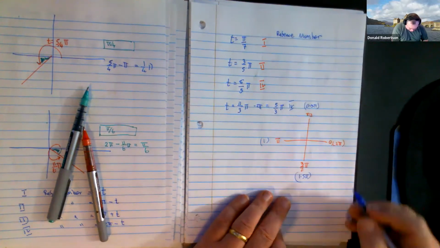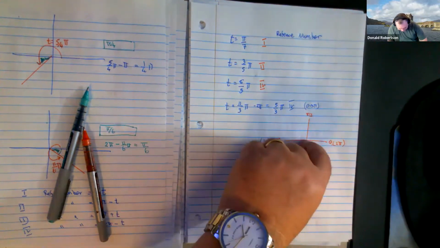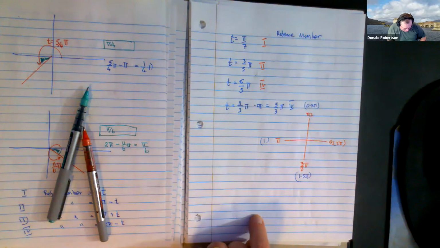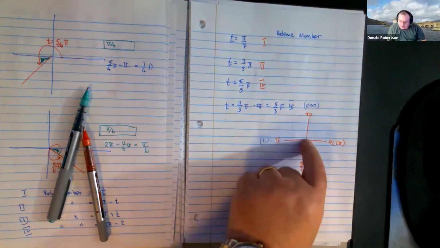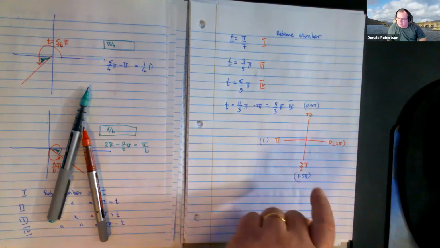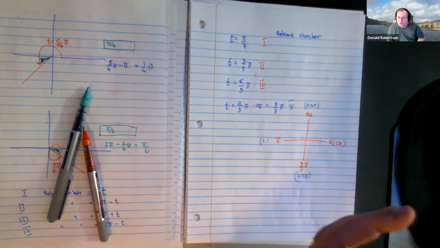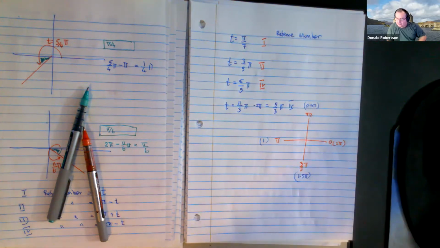And obviously 0 and 2. So if it's 1.7 pi, do you see it's here? If it's 0.8 pi, do you see it's here? If it's 1.2 pi, do you see it's here? Maybe that's a way of coping with, you know, the 7/3 and the 2/3.